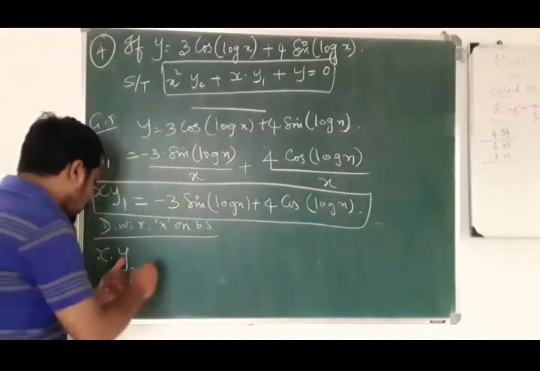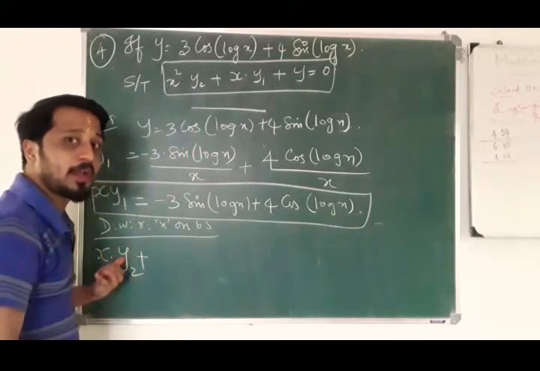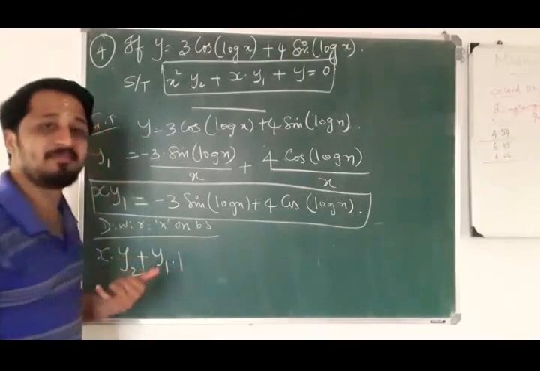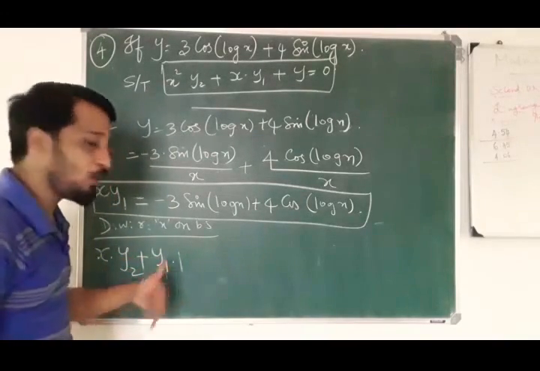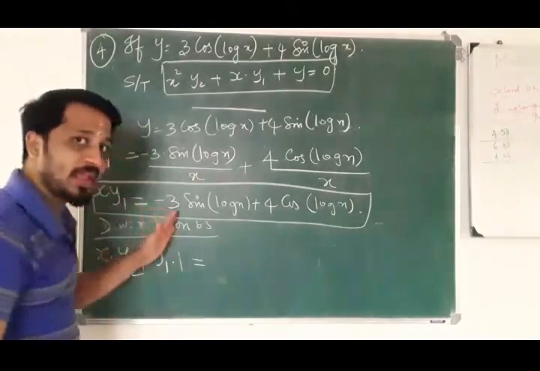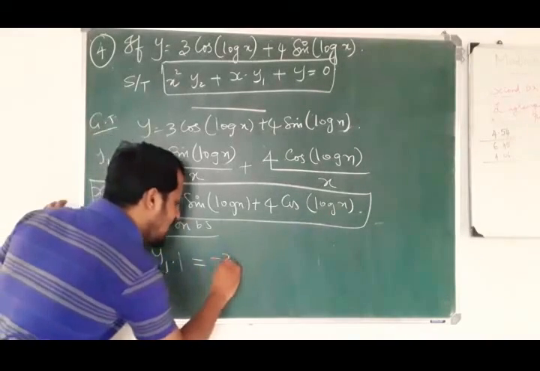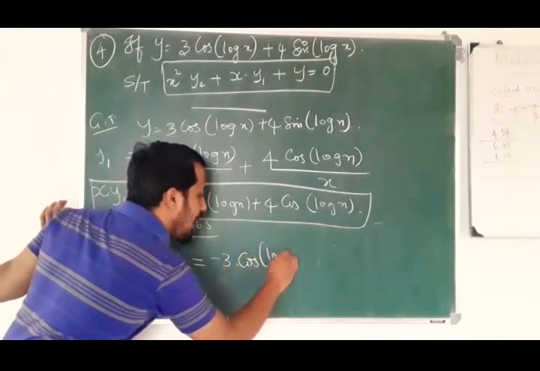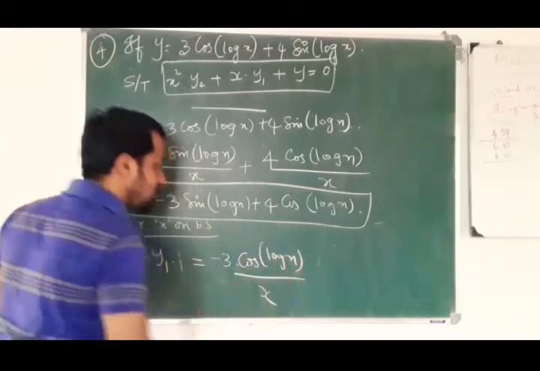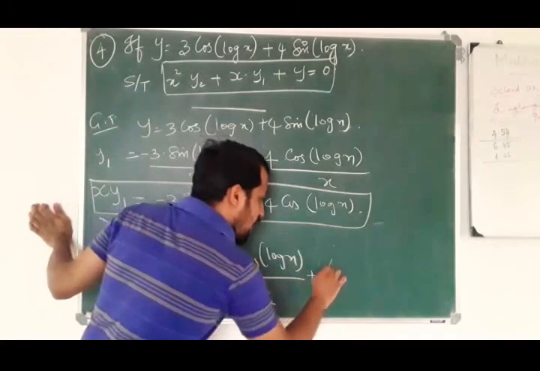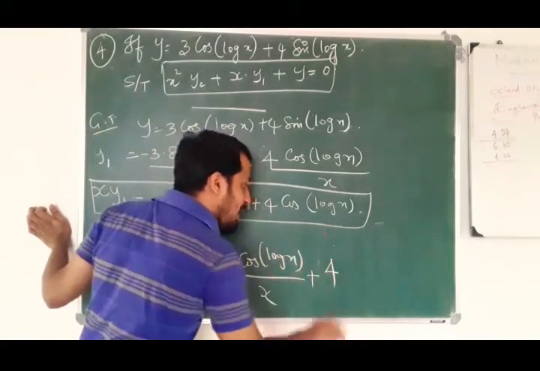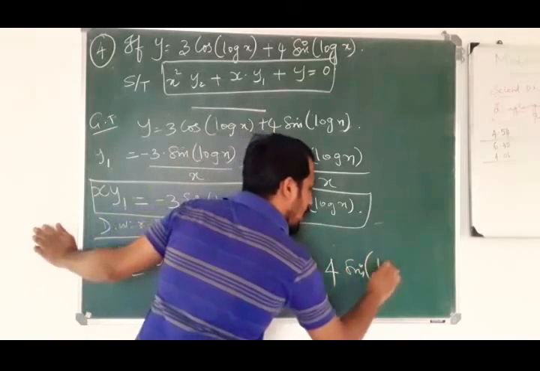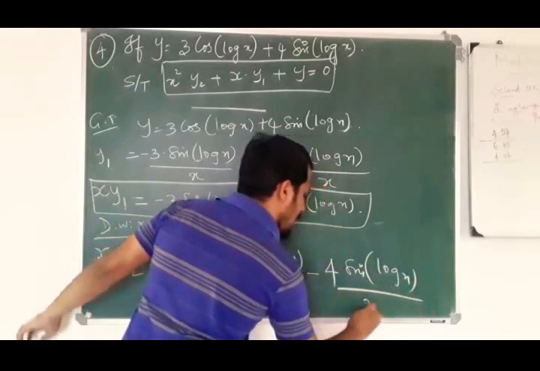So x into y2 plus, because of the product rule, y1 into the derivative of x, which is 1, is equal to, again you have to differentiate, minus 3 into the derivative of sin, which is cos of log x divided by x, plus 4 into the derivative of cos, which is minus sin. So here you will get minus 4 sin log x divided by x.